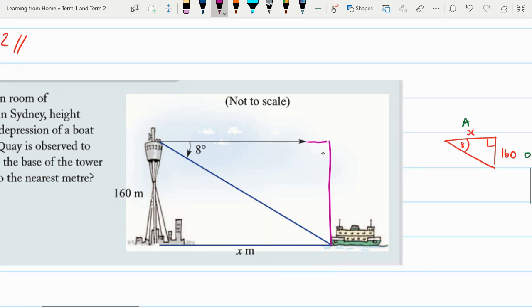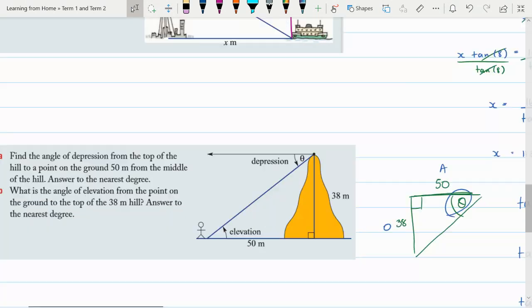So this is 160 meters, not degrees. So there's your nice right angle. And you're then trying to find the distance from the base, which is the same as the distance across the top. So there's your X. So you can use that triangle to solve, as is happening over here on the right. Another tan problem.